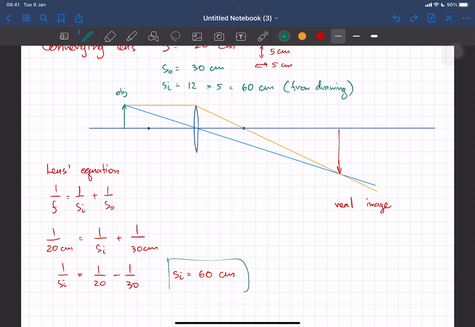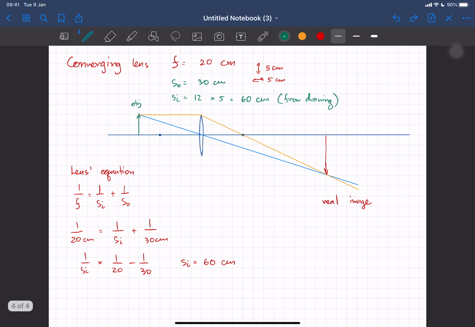Okay, so the drawing is good to give you a rough picture of where the image is going to be, but if you want to know really where the image is going to be, then you need to calculate using the lens equation. But if you draw it carefully enough, then they should agree with each other. Okay, just like what I did here.